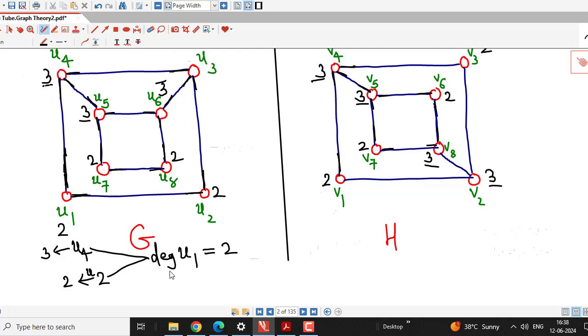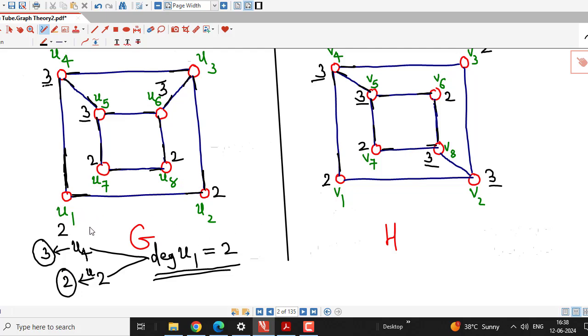So if I want to construct a mapping or function, I have to construct the image of U1 in such a way that the image of U1 is adjacent with two vertices of degree 2 and 3.